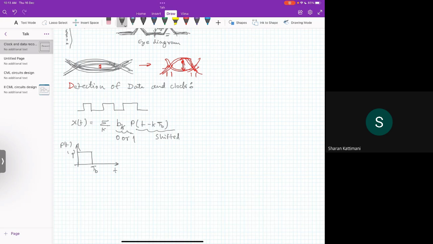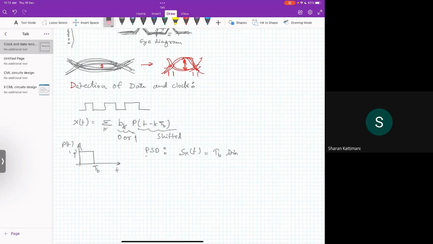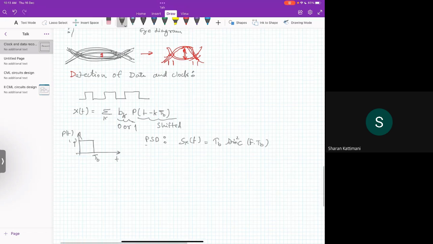In the time domain we can say that it is a sinc function, or let's find the power spectral density. So in the power spectral density, it will be a sinc function because it is a pulse.